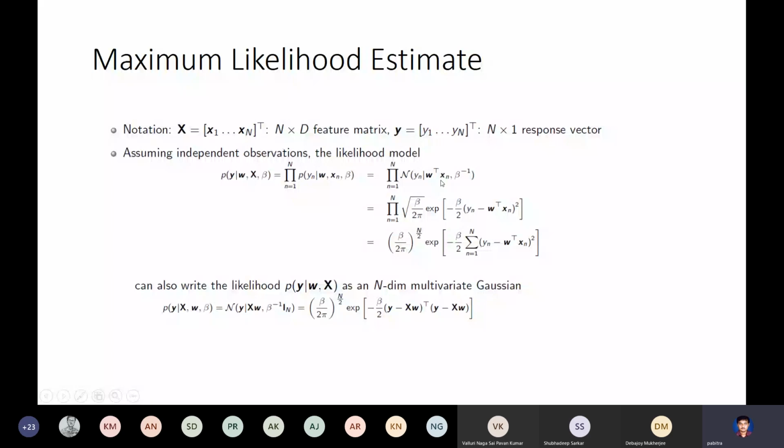And so we write this multiplication, and if we complete this product, we'll get this expression. This expression is nothing but an n-dimensional multivariate Gaussian. Note that it is an n-dimensional multivariate Gaussian, where capital N is the number of samples. This is important. Each yn was a one-dimensional univariate Gaussian.